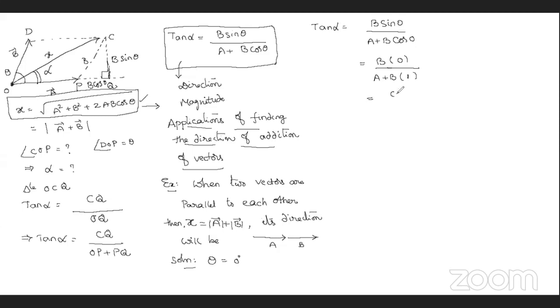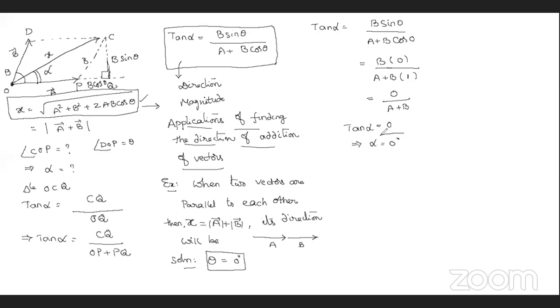Very good. 0 by a plus b. 0 by anything equals how much? Zero, sir. Right. Tan alpha is equals to 0. That implies alpha equals 0 degrees, because tan 0 equals 0. 0 degrees means the angle between the two vectors is 0 degrees.